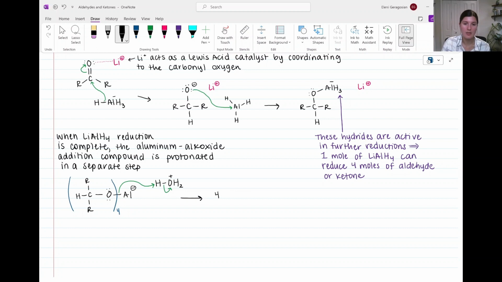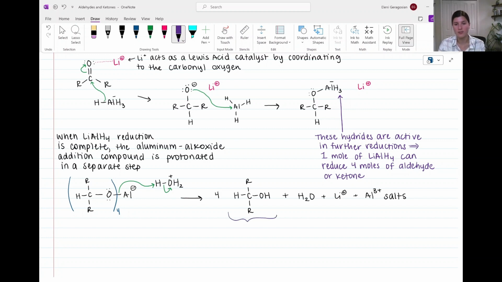So for every 1 lithium aluminum hydride, we form 4 new alcohol products. We have lithium, and then we also form aluminum salts. The main product that we're concerned about in this reaction is this alcohol. So remember, if we have an aldehyde or ketone, we use reducing agents, we form an alcohol product.